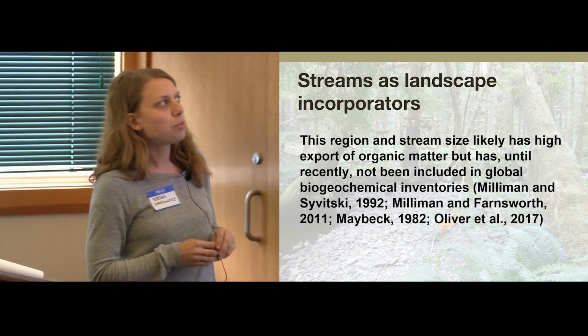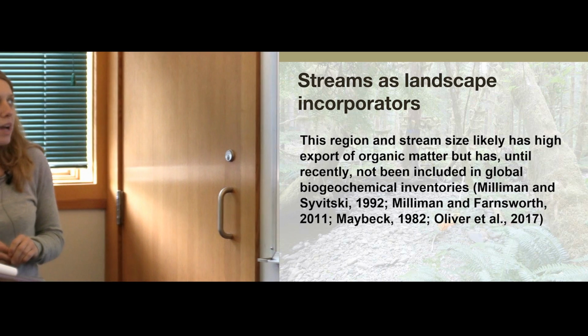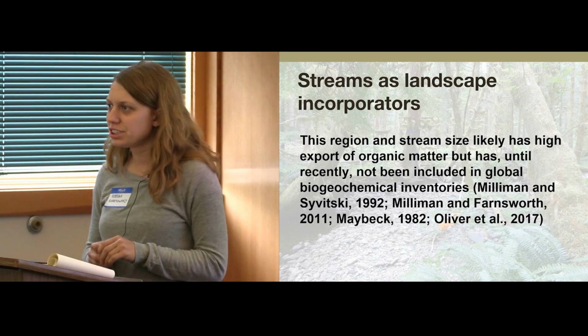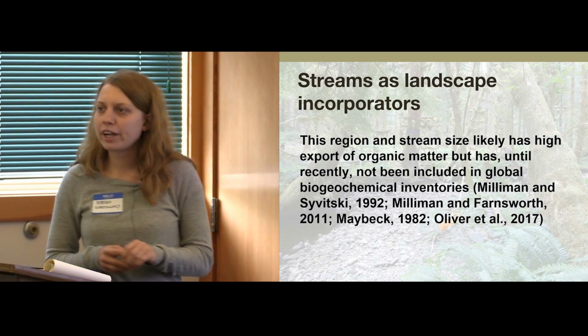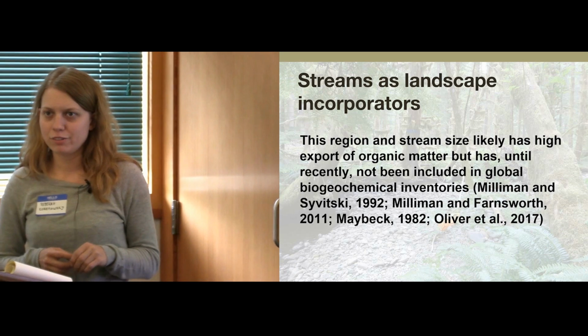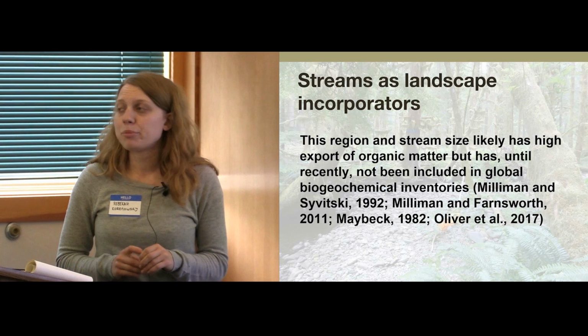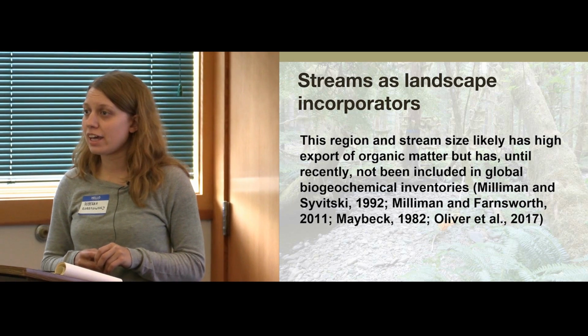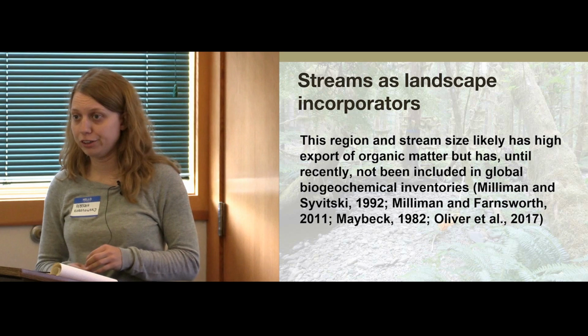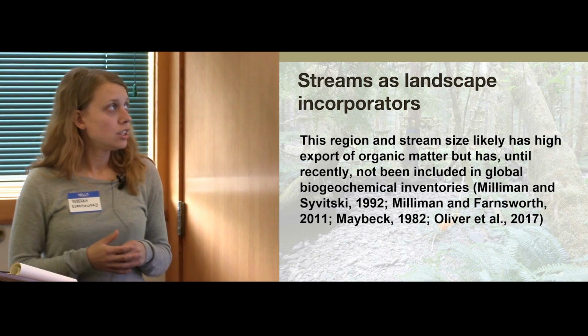I also think it's important because the export of organic matter hasn't really been studied very much in this area. Compared to tropical climates, temperate rainforests are particularly understudied, but it's very possible that we have high export of organic matter and nutrients from these sites.